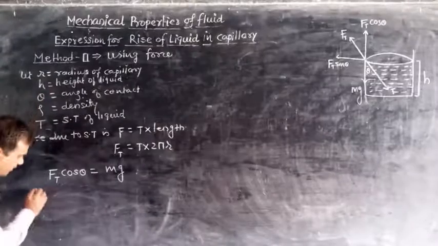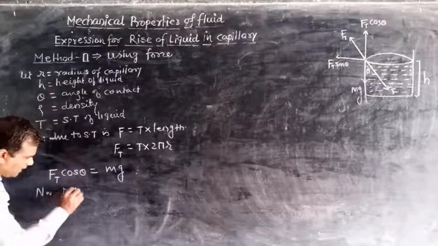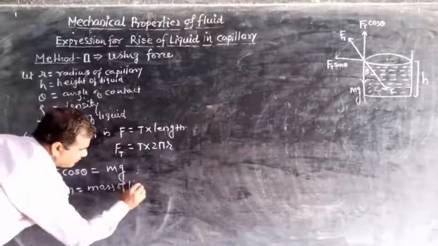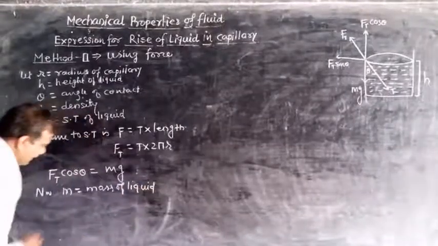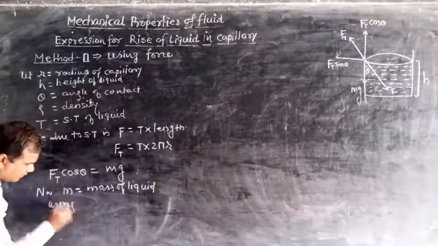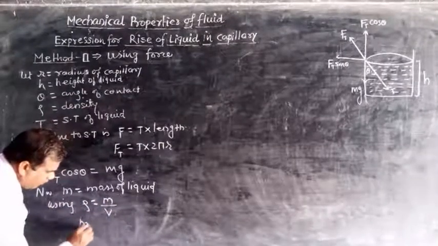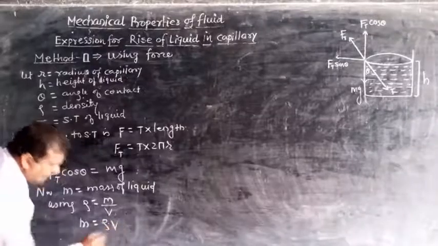So here m is the mass of liquid, and therefore using rho is equal to mass upon volume, mass is equal to density into volume.